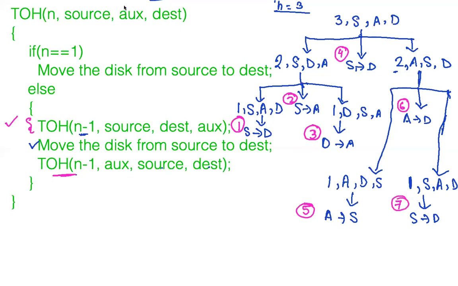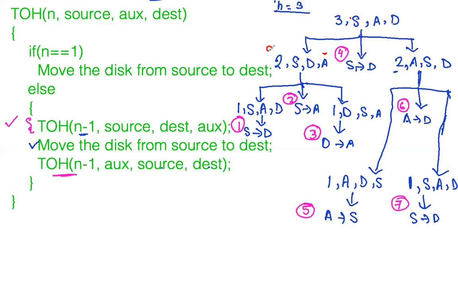If we look at this nicely, what we can observe is that because these are recursive calls, first the call will be made on n equals 3, and then first this left part will be over. So in which order? First it will be 2, S, A, D. I will be marking it with small a, b, c.